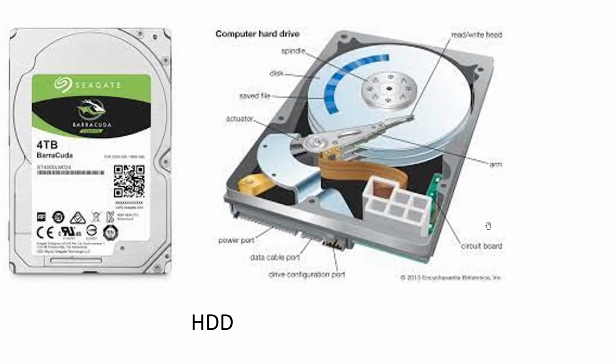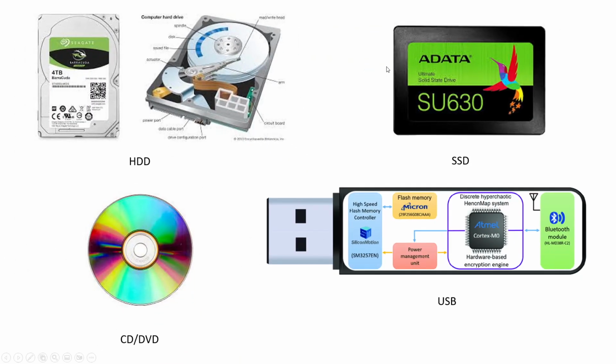You can see there are a lot of elements here, and I'm not going to go into how a hard drive works. Just to show you that this is a kind of permanent storage memory that can store a lot of information.